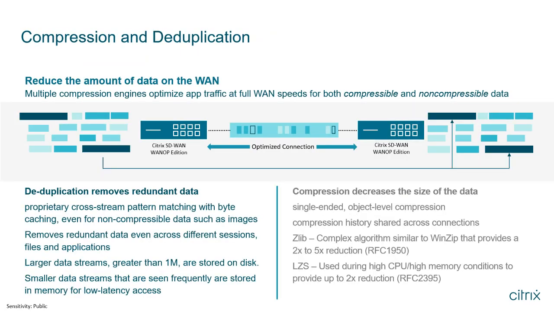So when you say, I want to reduce the amount of data on the WAN, right? So let's do some essentially deduplication of what that might be. And so we can actually compress that data.